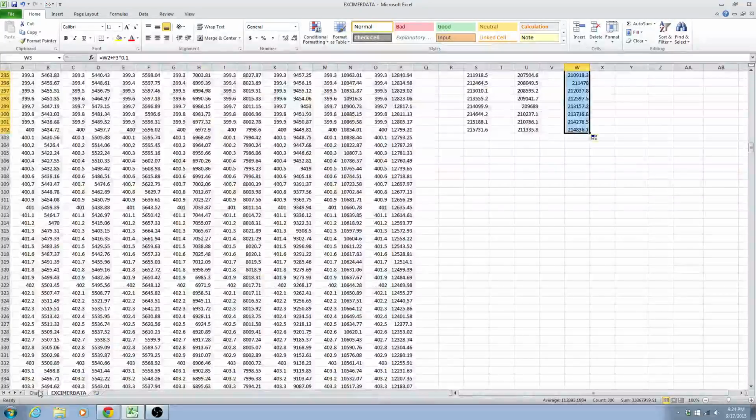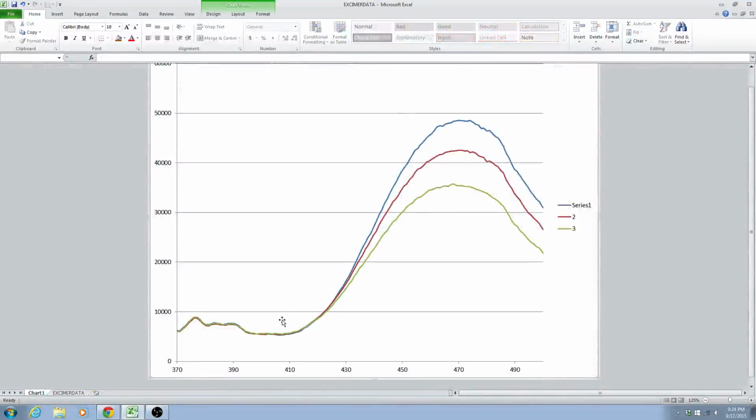There. Okay, then I look for the monomer peak, and I estimate that it starts about 410. I have to look for the peaks individually, I think that's what I started doing. I said that the peak is at 472.